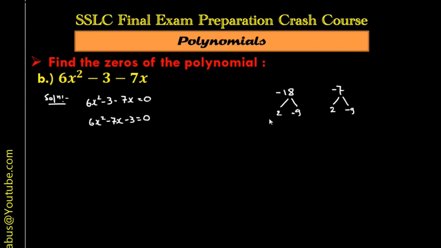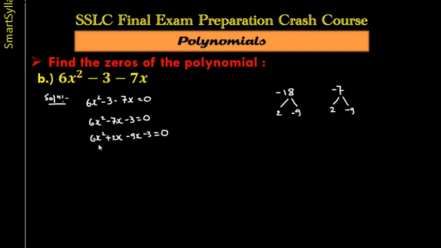Okay. Now bring this in, 2 and minus 9 here. So write 6x square as it is. Now minus 7x can be written as plus 2x minus 9x, and this minus 3 as it is. Now from 6x square and plus 2x, if anything is common, take it out.